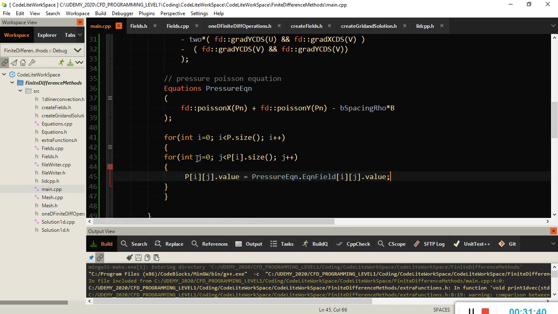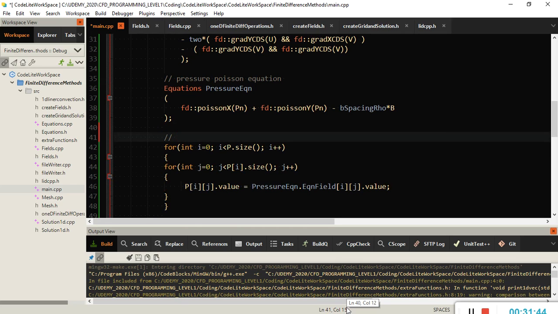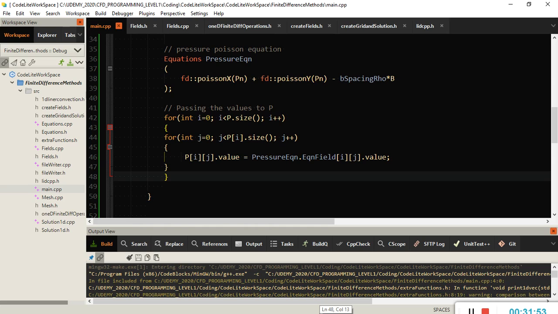Okay, so this particular part is passing the values to p. Our job here is done.